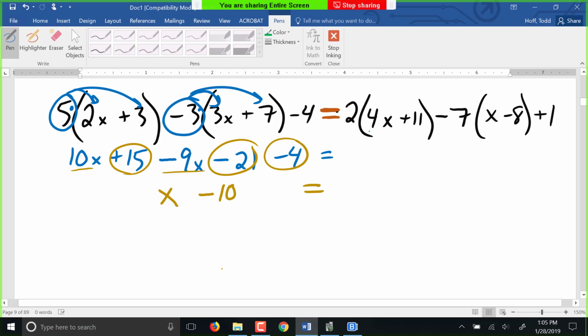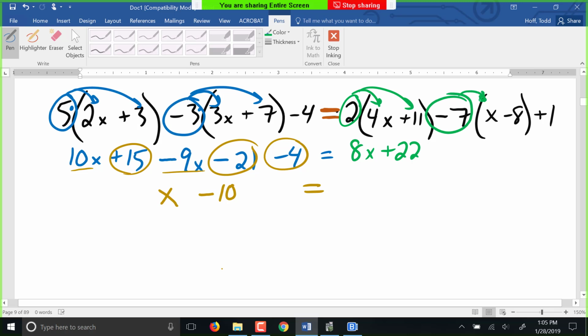Same type of thing over there, the first parentheses. Anything to do inside the parentheses? No, so we will multiply by the 2. 2 times 4x, 8x. 2 times 11, 22. Next parentheses is times negative 7.